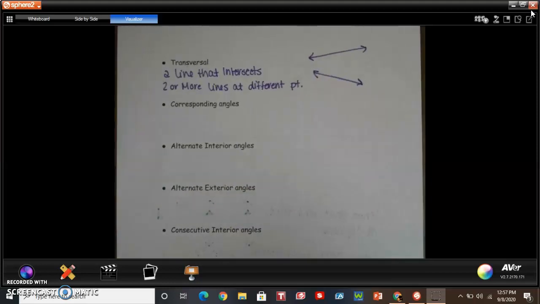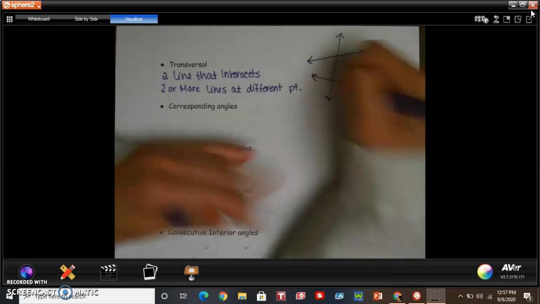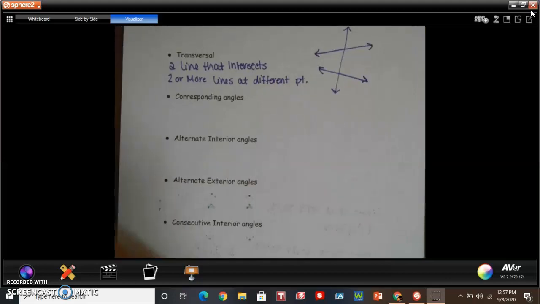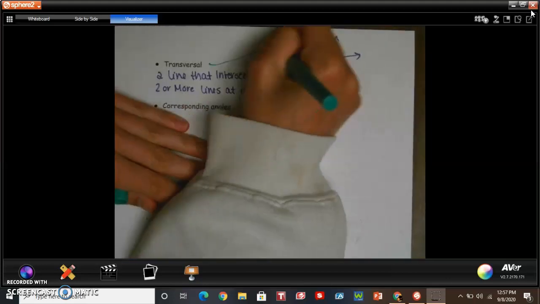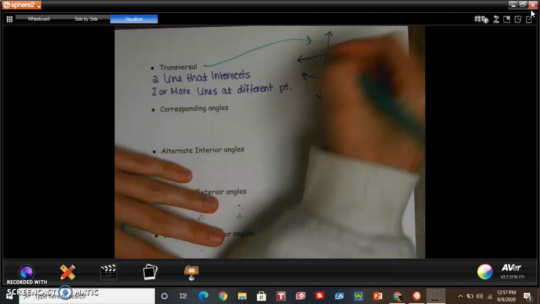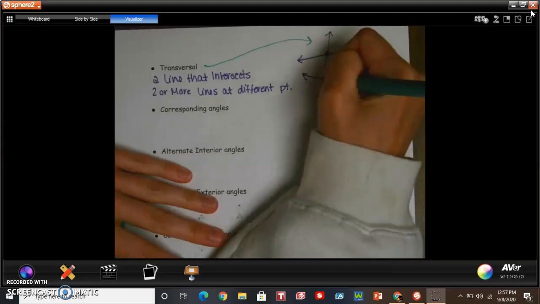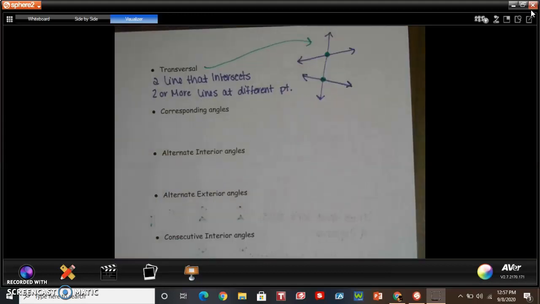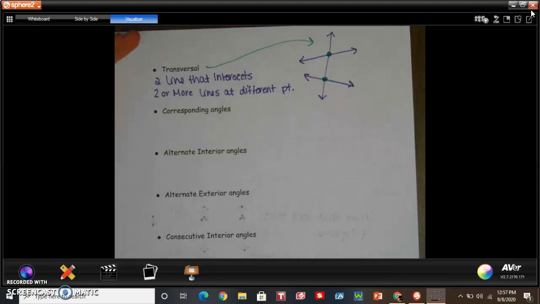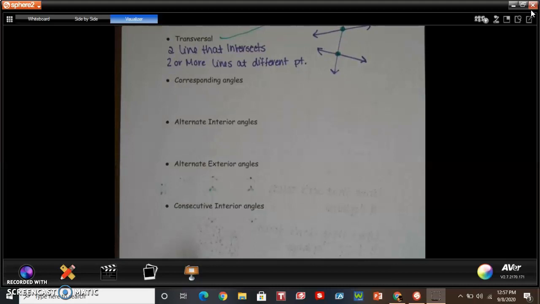And then there's 1 line that goes through both of them. This is the transversal because it's intersecting these 2 lines at 2 different points. Okay? It's very important to be able to identify the transversal because that transversal creates these 4 angle relationships.